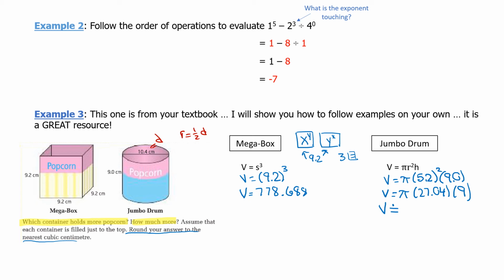I can't keep writing it out forever. So once you hit your pi button, or hopefully you know a few numbers of pi, and if not, you've got that song, 3.14159, right? You can go through that and get a few decimal points there. So we multiply all of this together and we get approximately 764.54.